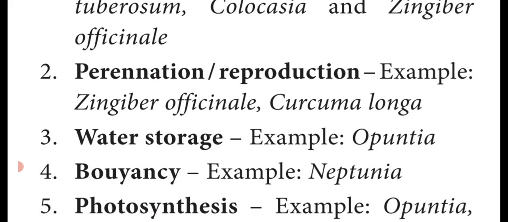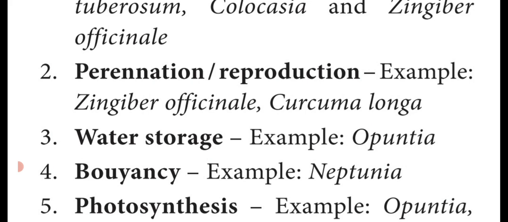This terminal bud afterwards gives rise to a new individual when you bury the ginger in the soil with all the environmental factors. That's why this type of reproduction is known as vegetative reproduction or perennation.